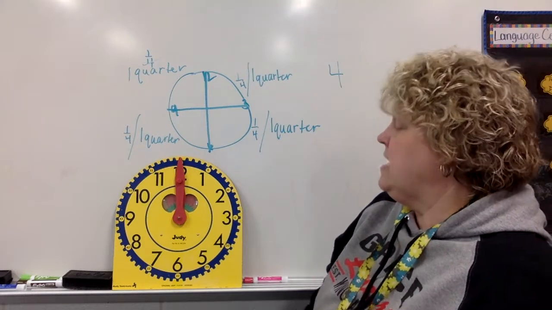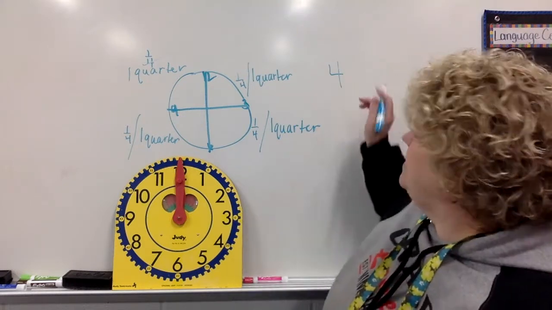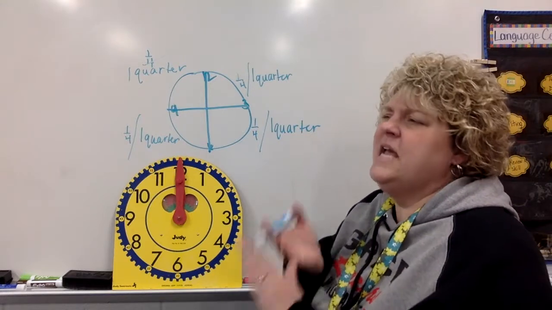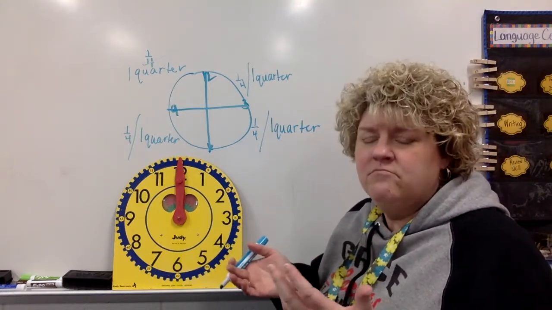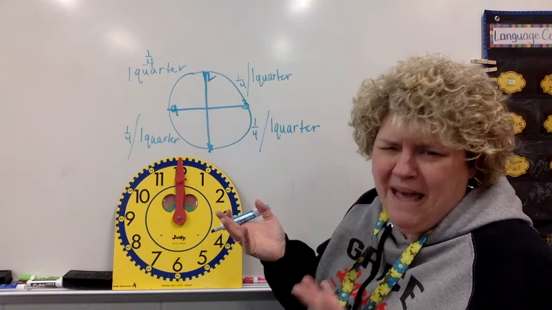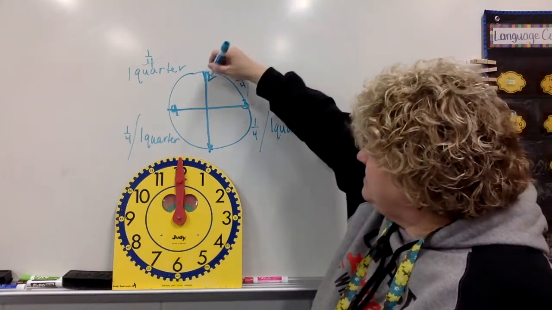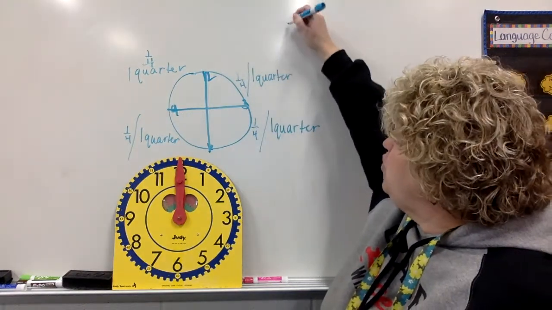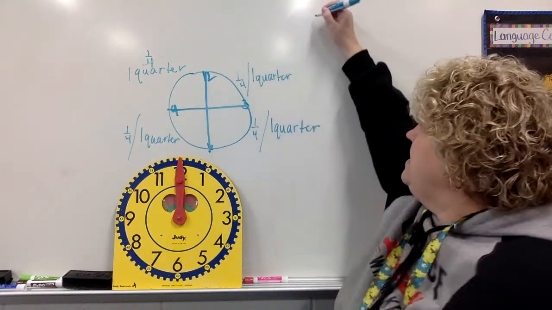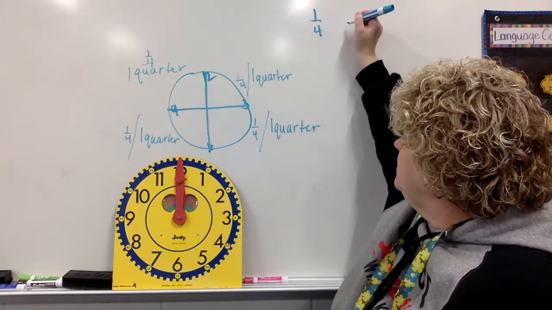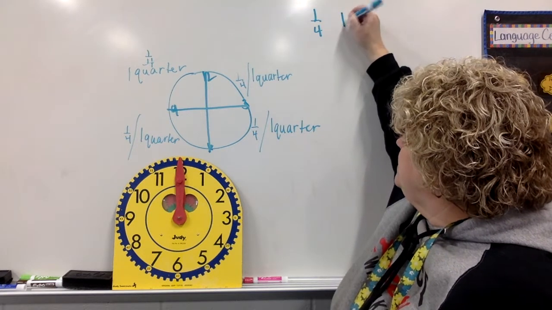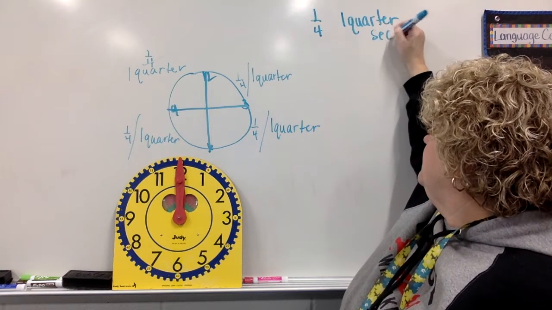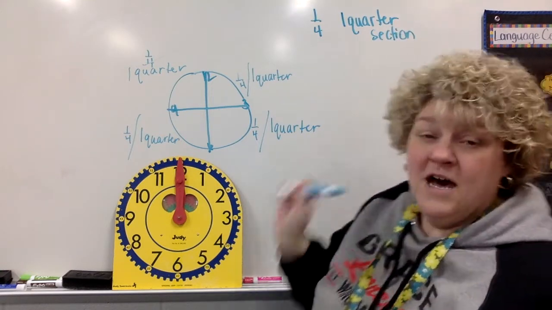Now, a lot of times you'll hear your parents talk about time, and they'll say, oh, it's 7:15. Okay, what in the world does that mean? Well, it means to think of your minute hand, and it needs to go 1/4 of an hour.